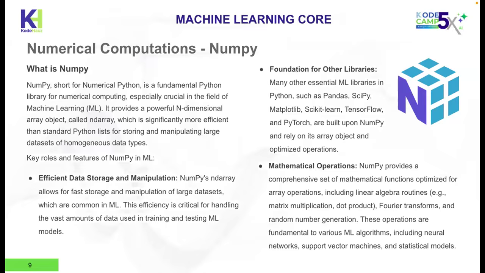This is scalar, by the way, in programming parlance, not scalar as in physics. So you have a scalar, a zero-dimensional object, right? A vector is one-dimensional. Then a matrix is two-dimensional because it has rows and columns, right?